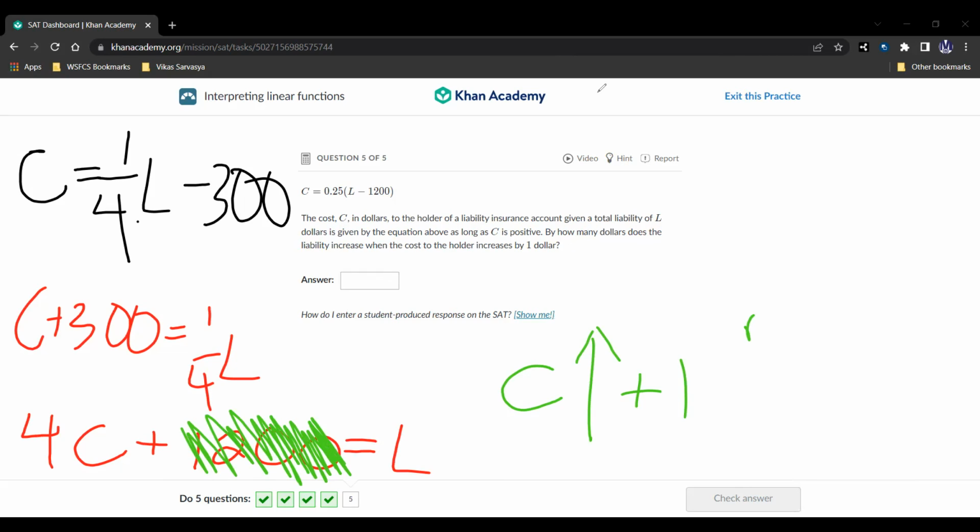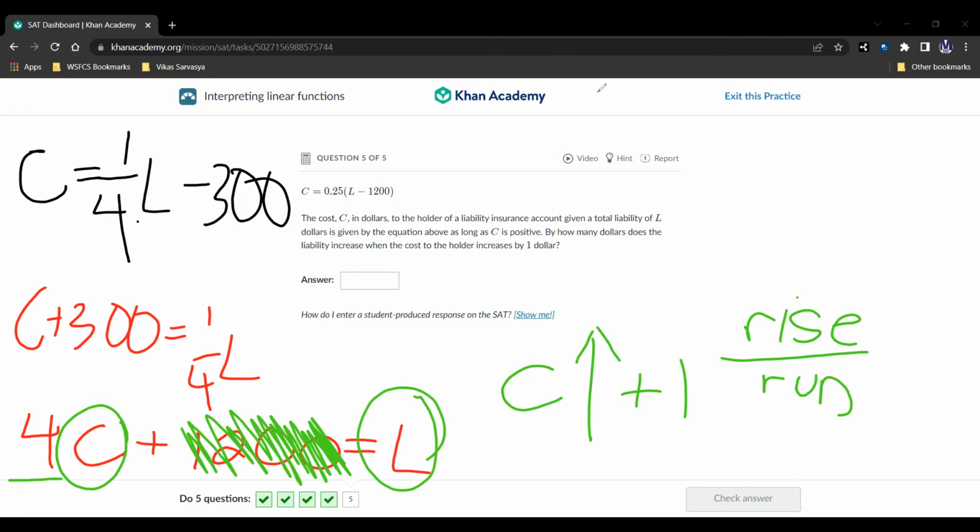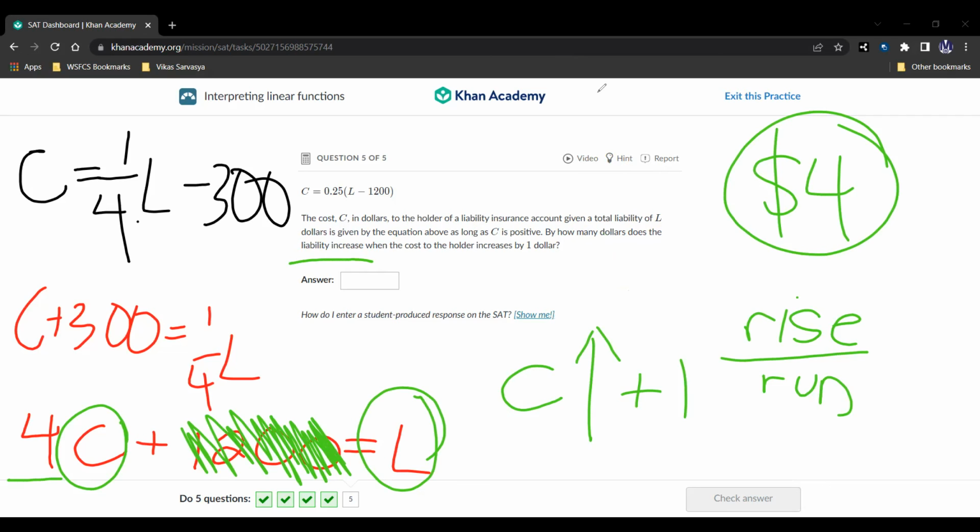This is going to be rise over run. So since this is increasing by 1, L increases by the slope, which is 4. So the liability increases by $4. And that is our answer.